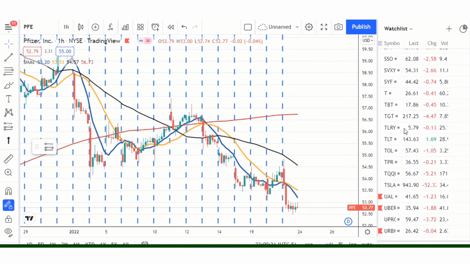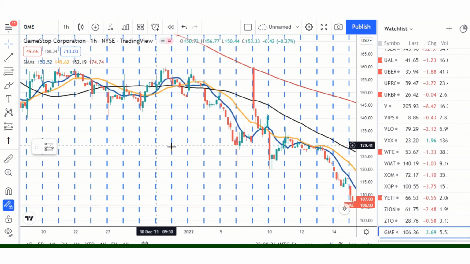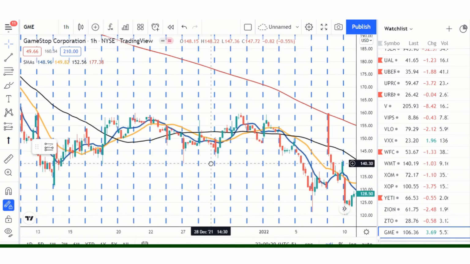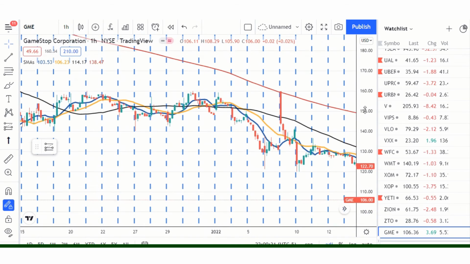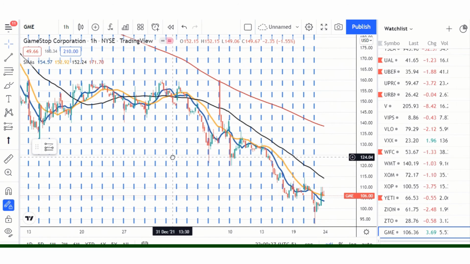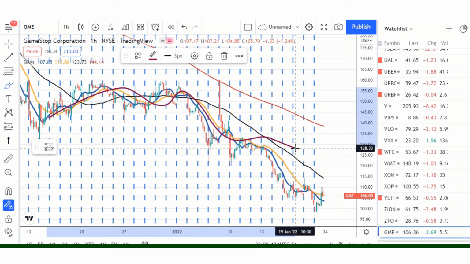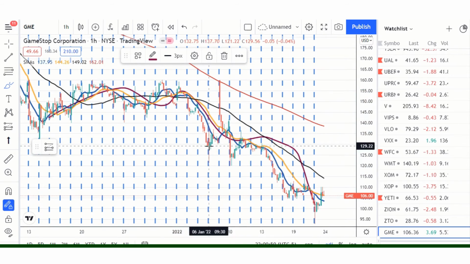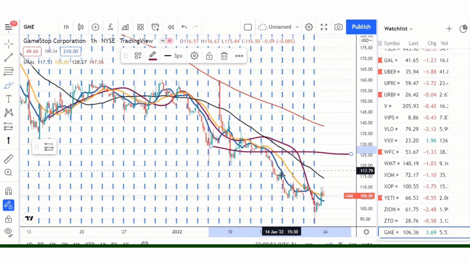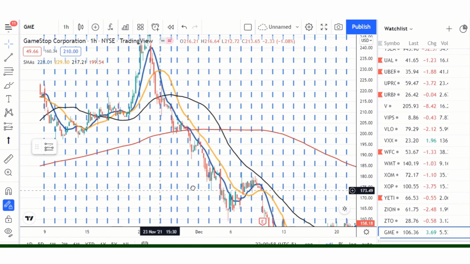Let's see if in GameStop we can find a head and shoulders pattern. Okay, we sort of see one here. That one peak there, another peak here, and another peak there. And the stock continues. Let's see if we can find anything else similar to head and shoulders.